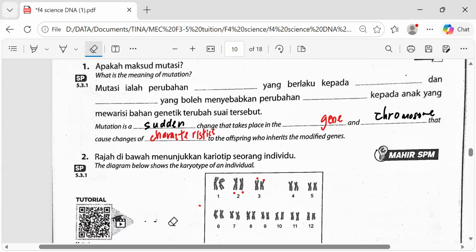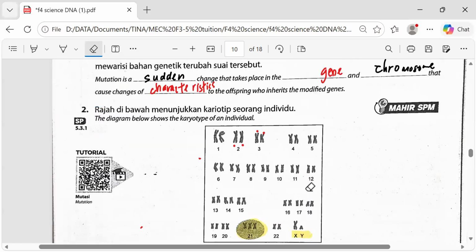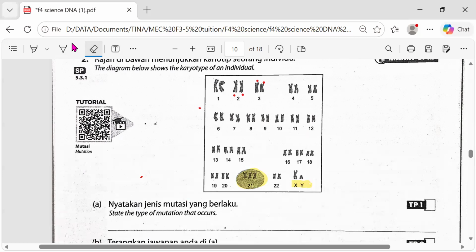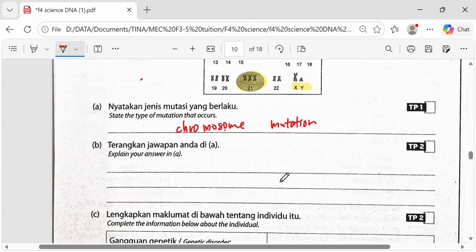Okay, there are two kinds of mutation: the number of chromosomes changes, and the gene changes. So this one is the number of chromosomes that changes. Okay, so the type of mutation is chromosome mutation. That means the whole chromosome is either extra or less. Chromosome mutation. Explain the answer.